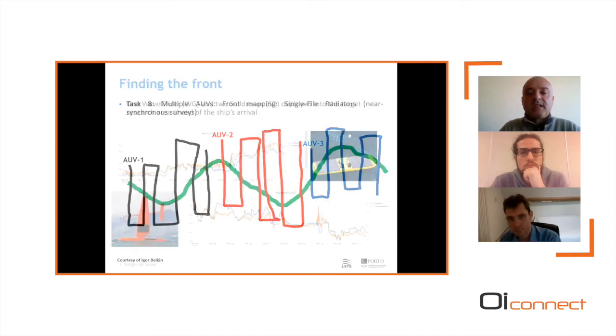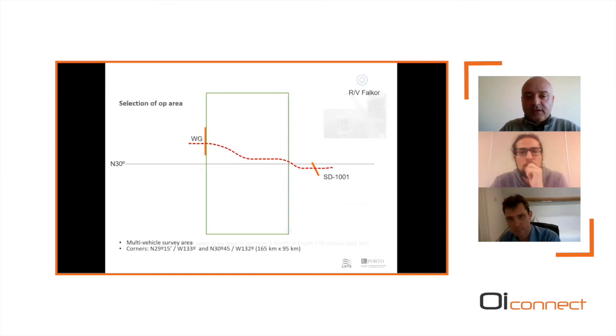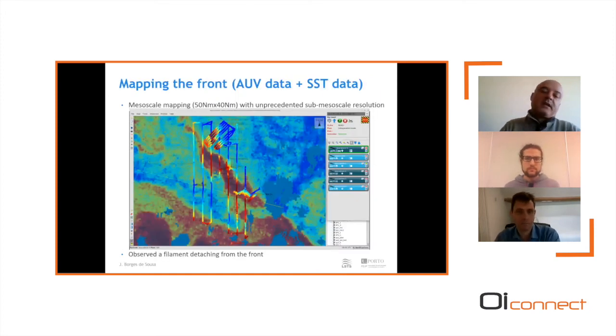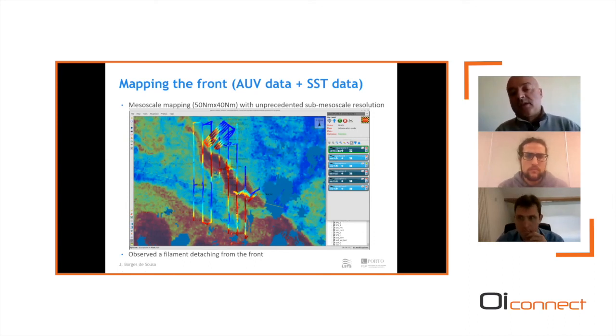Yeah, so basically, I can go to this slide here. We measured these very strong currents in this region, in the filament that was detaching from the front. And it was a bit tough for the AUVs to operate here because of these currents. But still, this is a good example in which AUVs could complement what can be done with gliders.